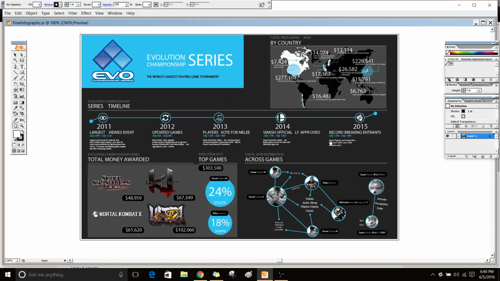When it comes to layout, I attempted to emulate the Harvard layout. So it's very similar. They have their title up here in the left corner inside of a rectangle that's colored. They have their map over here in the right corner with a different colored background, and then they have some number displays also in the bottom left with the background. What's different here though is that they had a bunch of smaller miscellaneous data points along the middle.